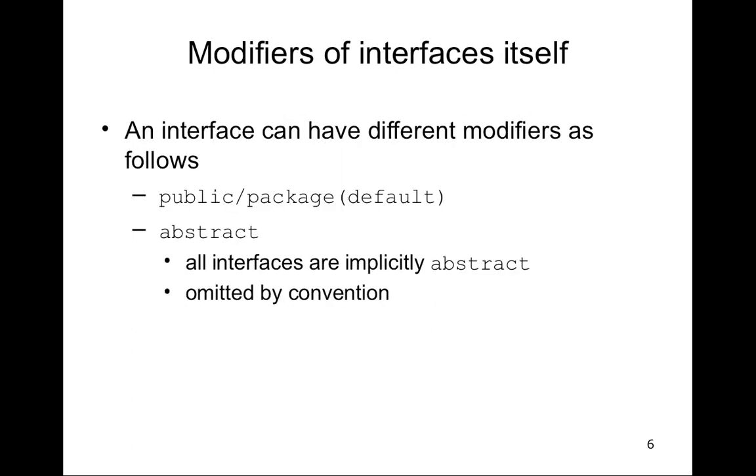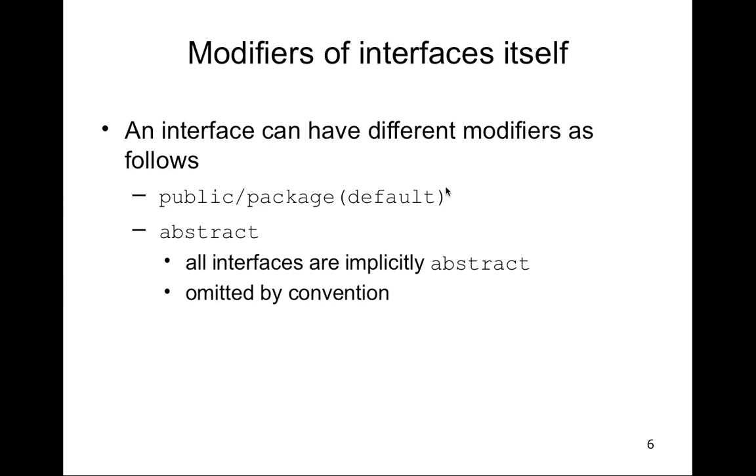Modifiers for interfaces itself. An interface can have different modifiers. It can be public, or it can be abstract. If you put an abstract method implementation inside of an interface, the interface has to be abstract. Same concept as the abstract class. They're not a class, but it's the same concept.